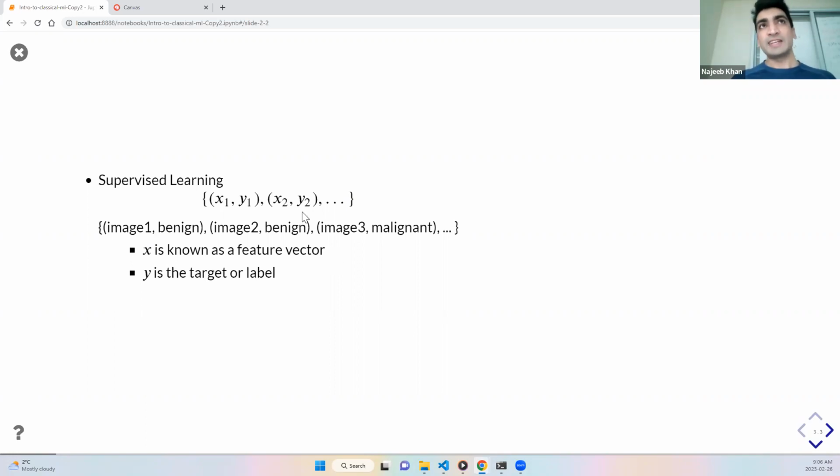In this type of machine learning, you would have pairs of examples: an X-ray image and a label saying whether this is benign or malignant, just like shown here.